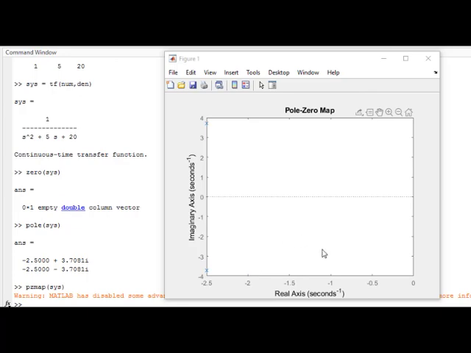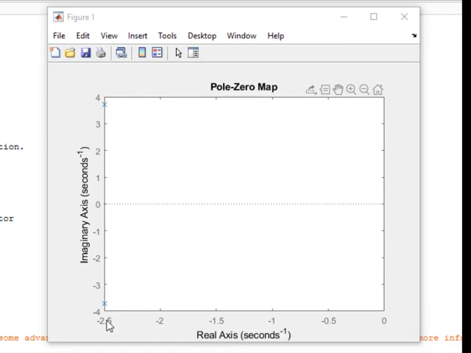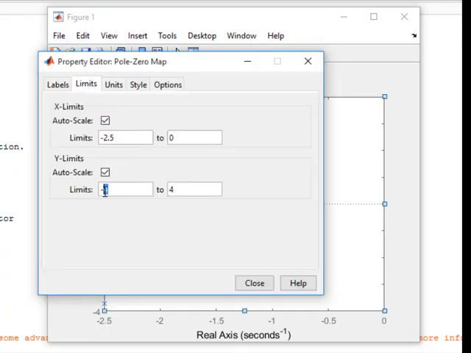Right now you are not able to trace the poles, so we are just changing the range so that we will see the poles. I'll change limits: the y-axis limit as minus 6 to plus 6, and the horizontal limits as minus 5 to plus 5.